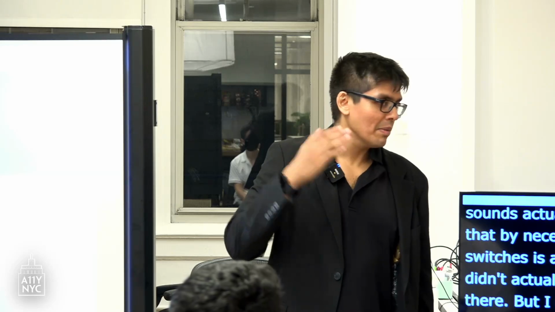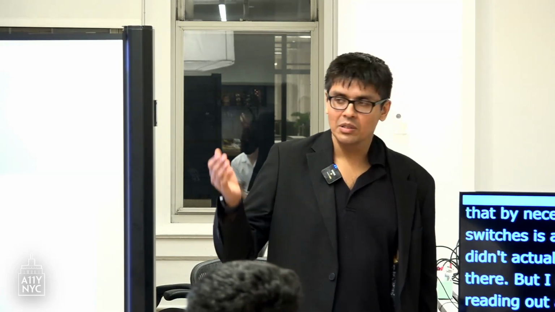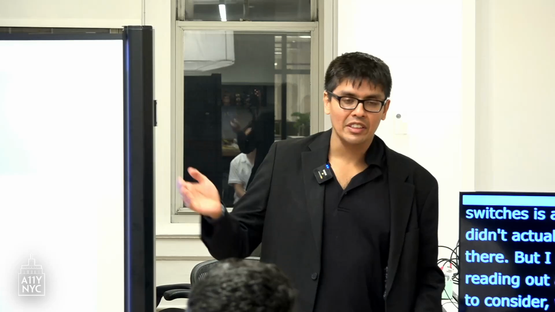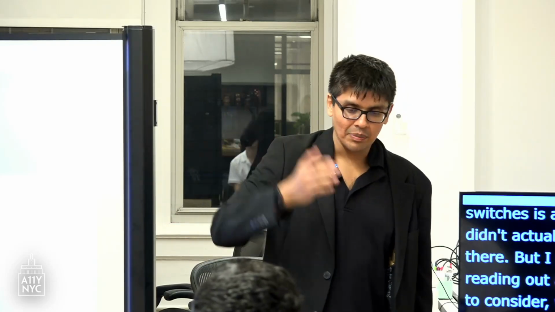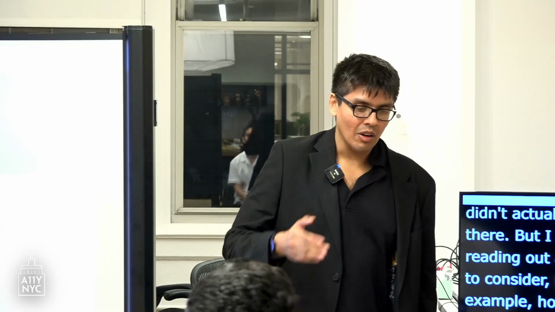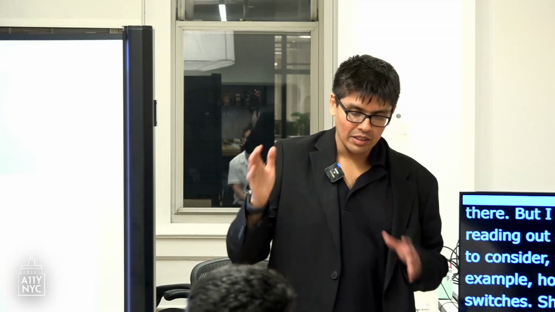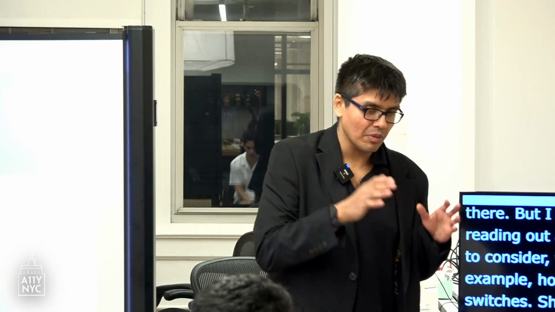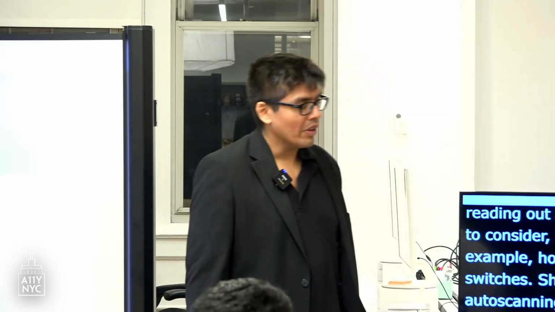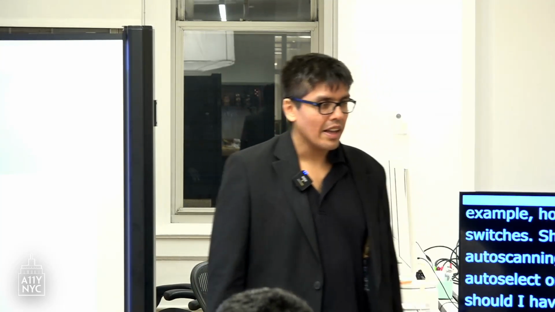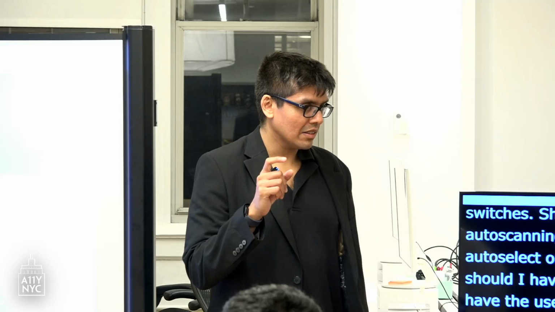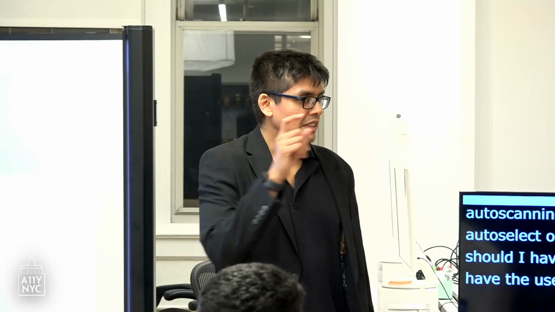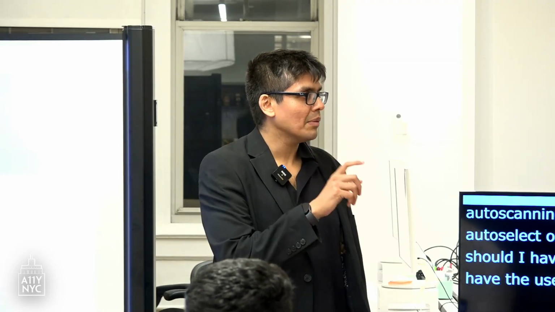Should I use manual scanning or auto scanning? Should I have the gesture auto select once something is selected, or should I have the user select everything? I think one thing that would be useful is if there were some built-in presets already available that I could select and say, okay, this is the most common preset.